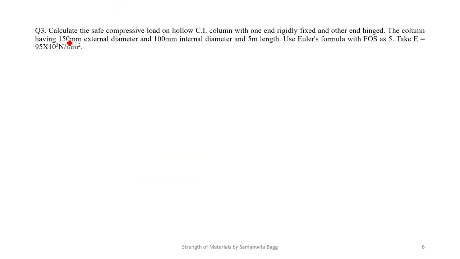The third numerical is: calculate the safe compressive load on a hollow cast iron column with one end rigidly fixed and the other end hinged. So it is given that one end is fixed, one end is hinged. This was my last case.